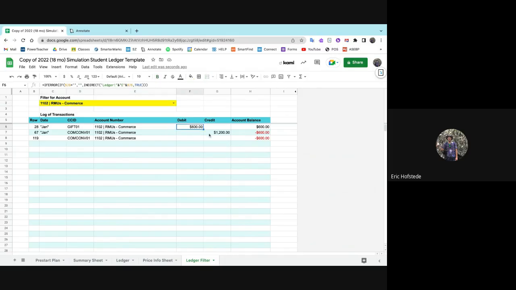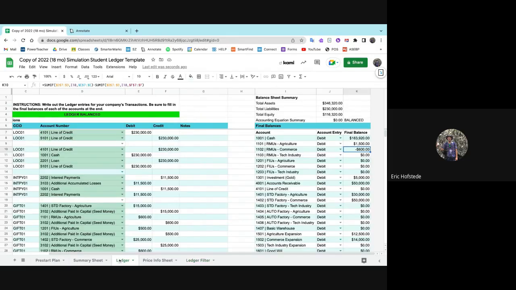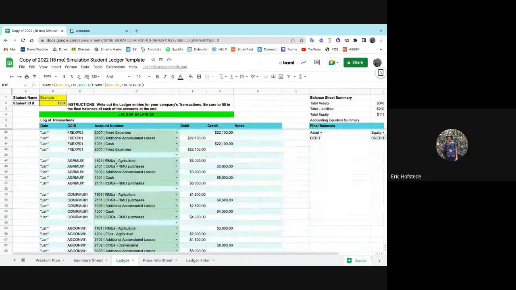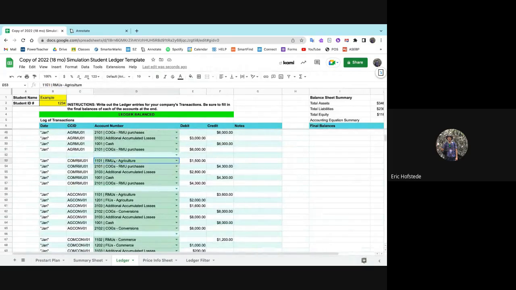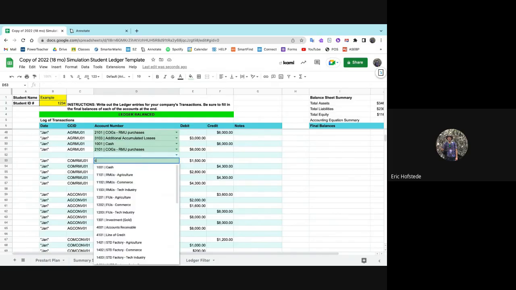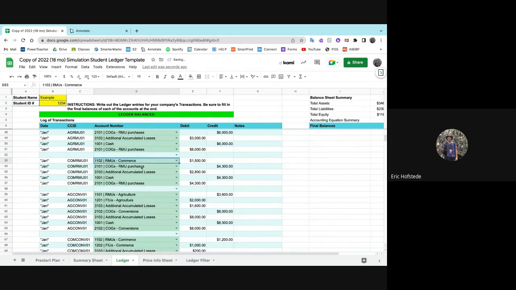Then I converted 1,200. Oh, so somehow when I bought my RMUs, I didn't record them in the right account. So if I go to when I bought my commerce RMUs, I called them agriculture. Problem solved. Now they are the correct commerce.